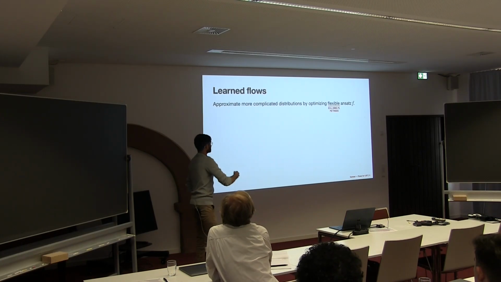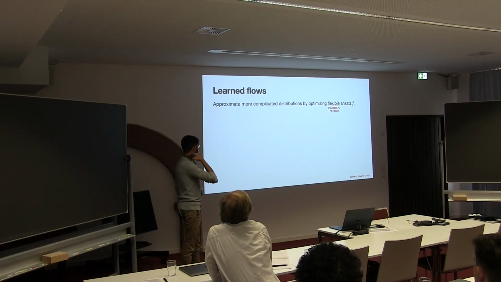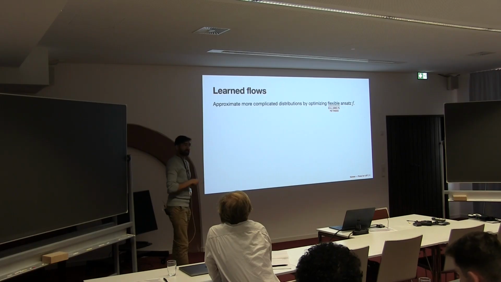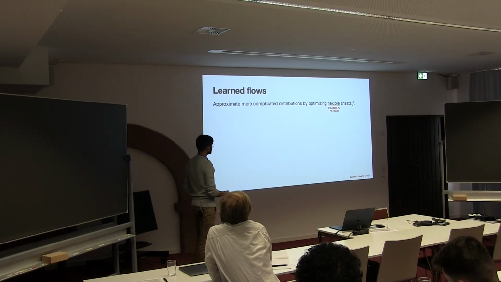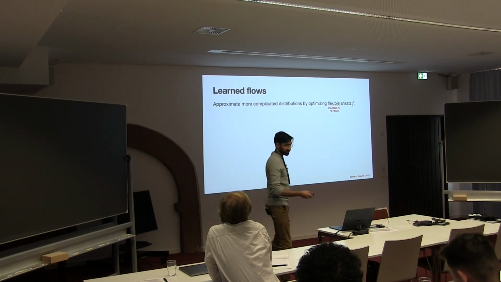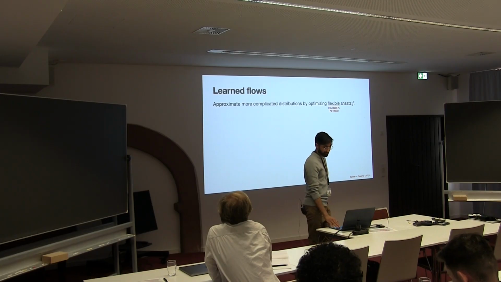OK, so I alluded to this in the previous slide, but the idea being that if we are after a more complicated distribution where I don't have this magic transformation, maybe we can instead approximate that target distribution by parameterizing some sort of ansatz for this flow f.